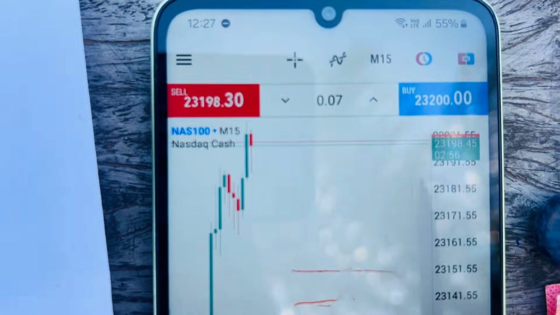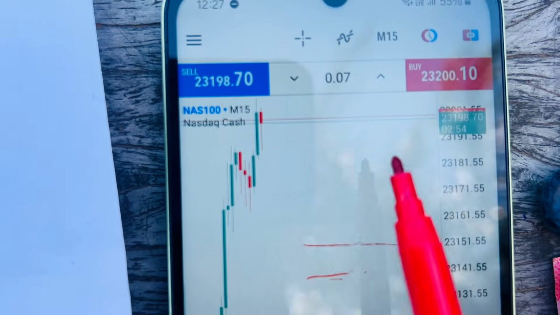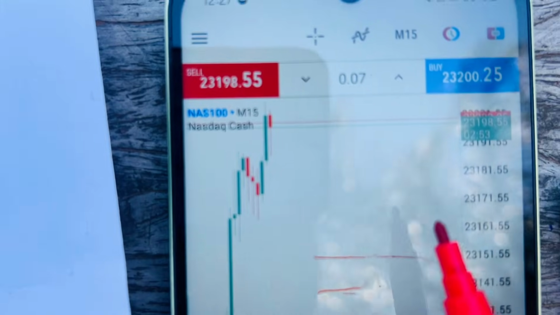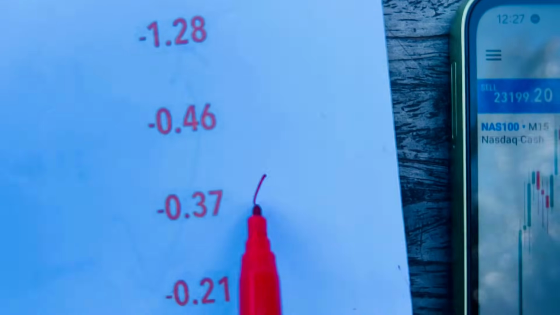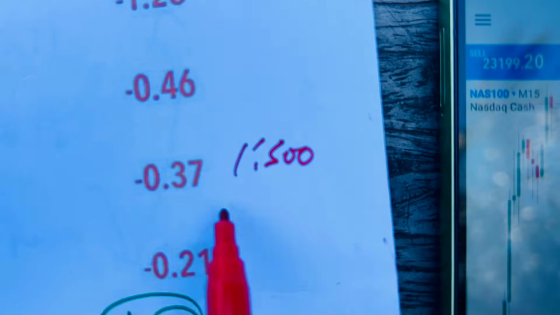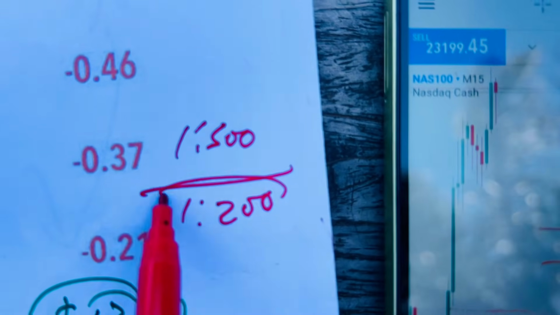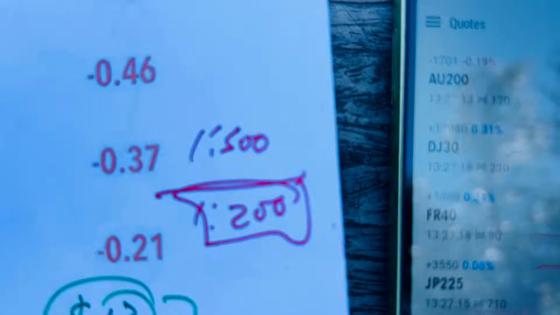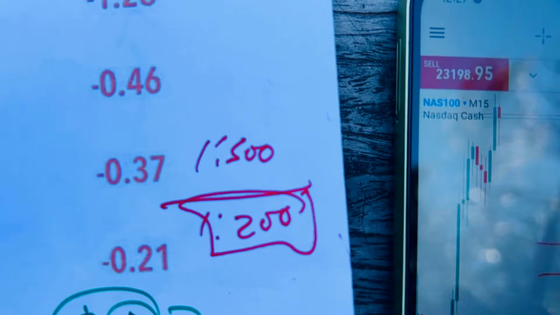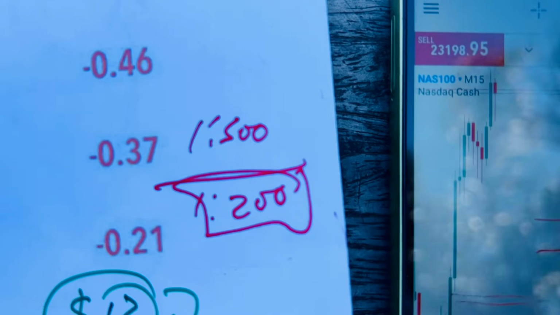If you click buy or sell on NAS 100, the margin here, the leverage is different. You'll find out, since we have the 1:500 maximum, but on Nasdaq you have 1:200 maximum leverage. You can check it via the broker. They've documented everything as to the leverage.